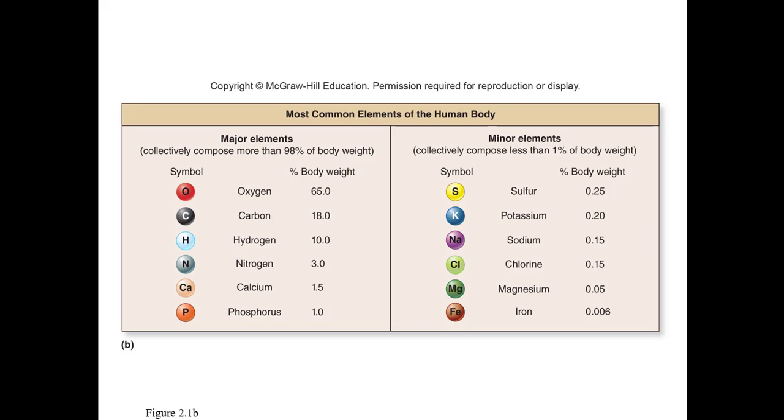So that CHO-N is a short form for carbon, hydrogen, oxygen, and nitrogen. The reason for that is because it makes up something like 98-99% of the body's composition. So most living things have carbon, hydrogen, oxygen, nitrogen. That is important for a test.